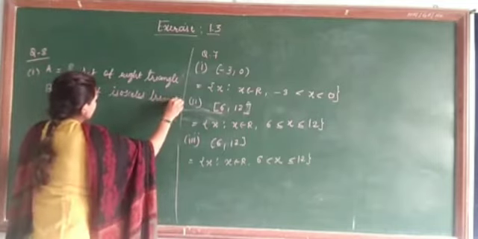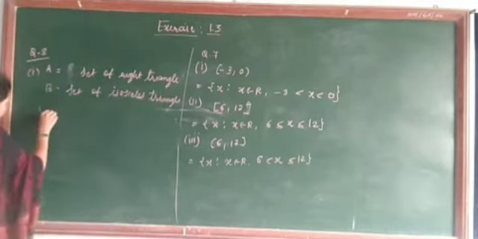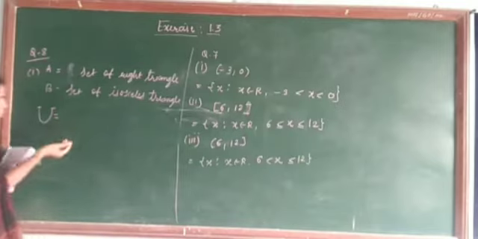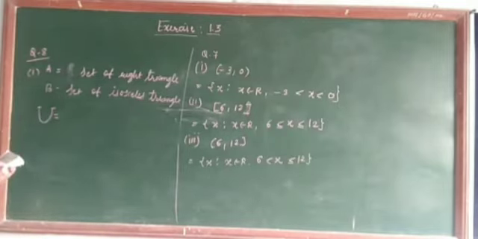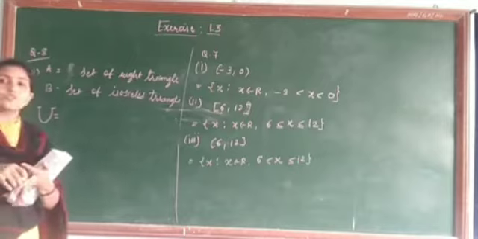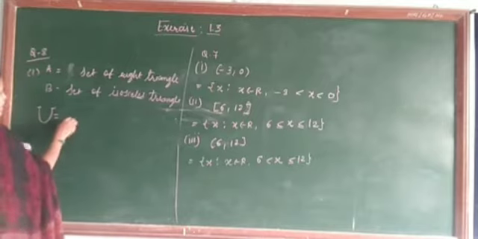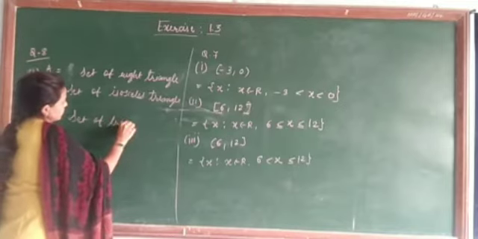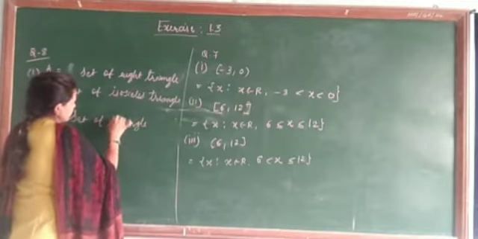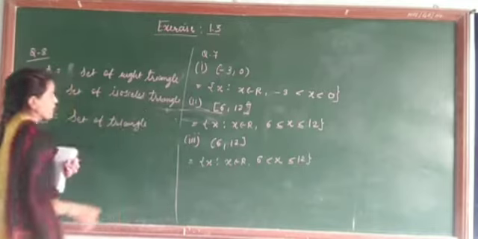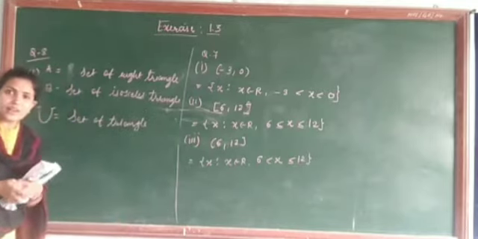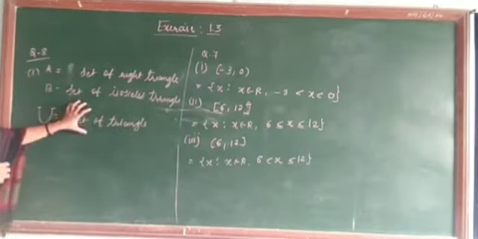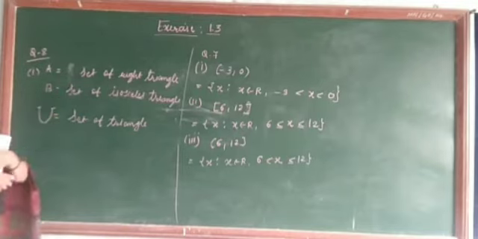So now students, consider a triangle set, you can take a set of such triangles which includes both of these. Okay, so we can take the set of triangle, because in the set of triangle both the sets will be included.